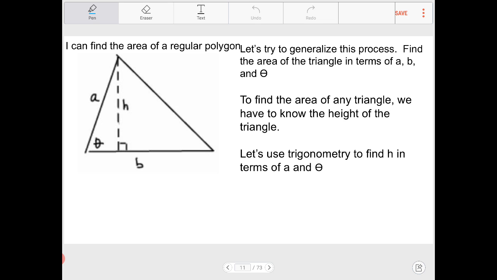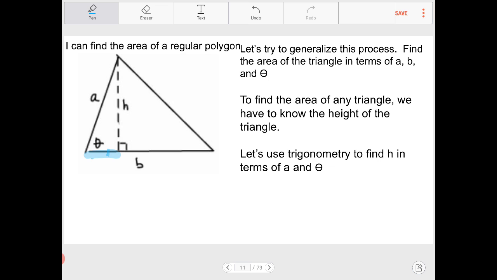I cannot find h in terms of b, because notice that b is partitioned here. I do not have a full length, or I don't know what portion to break b into. So that's why I'm not going to use b to describe h.